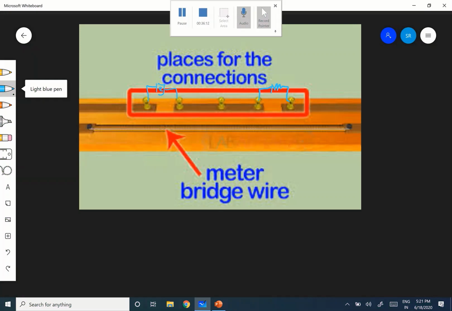Are you following? And this is the center, which is connected to a galvanometer, and the other end comes here, touching the other end of the manganese wire through a jockey. Is it clear?